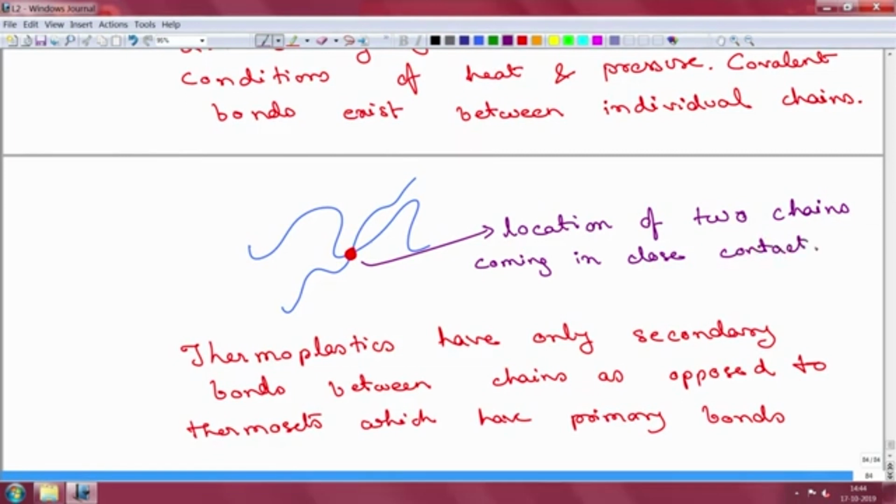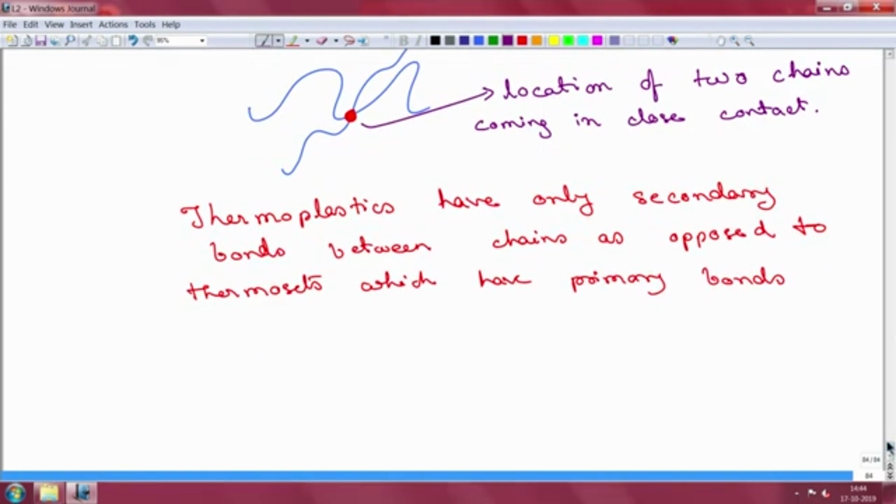At this location you can have either a primary bond or a secondary bond, and that makes the difference between the two. So, in thermoplastics, the chains can also slide past each other, and that is why these plastics, the thermoplastics, can be melted and even molded.